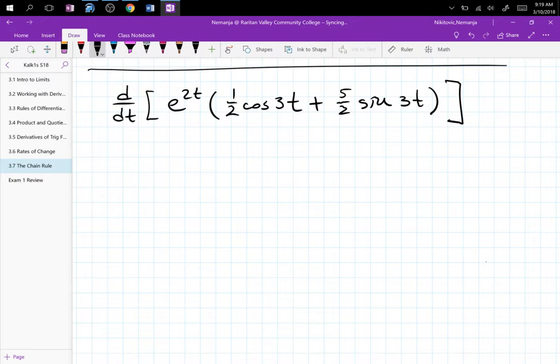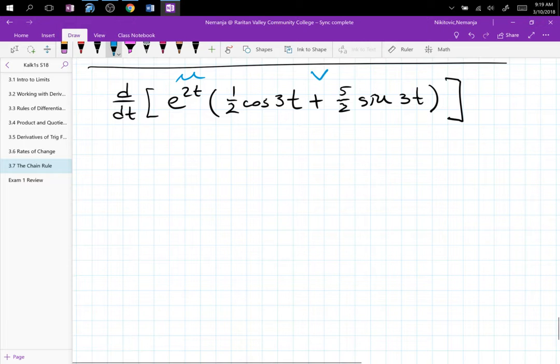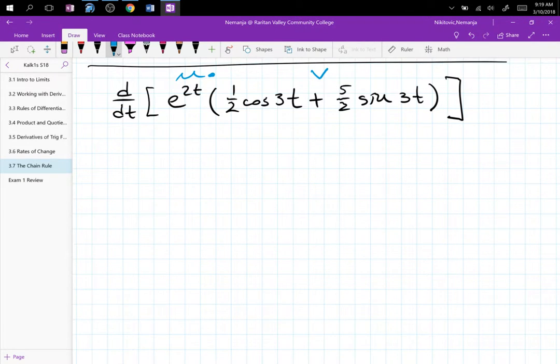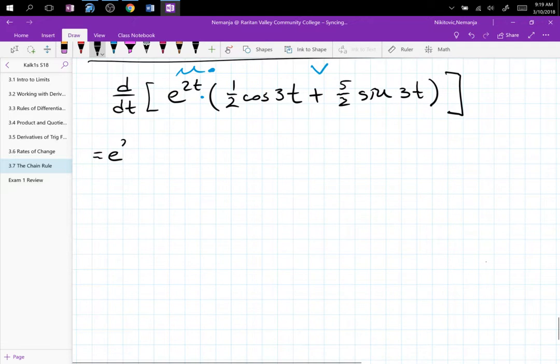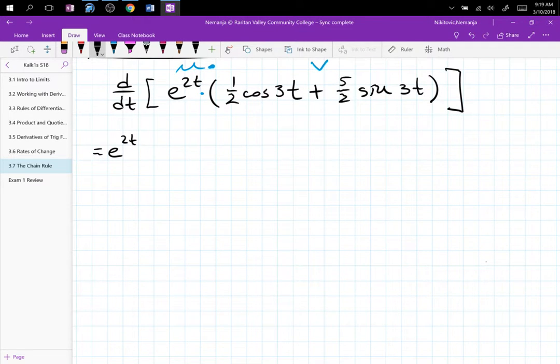Because it is still going to be u, and the entire parentheses v, and you have u times v, where you copy the first, e to the 2t, times the derivative of the second. Great. Chain rules are going to start kicking in because of the 3t in there.